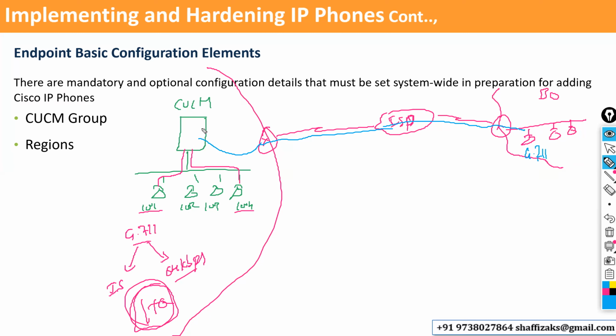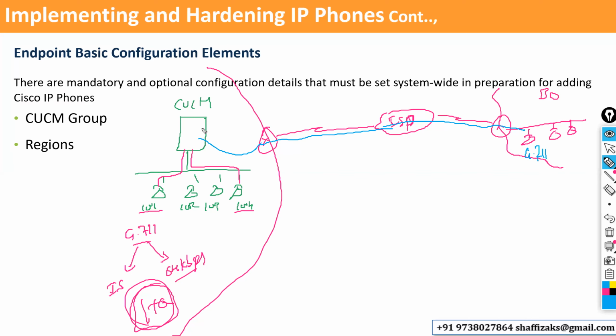So the CUCM thinks, this also registered under me, this also registered under me. So I have to give the same codec here. Physically it's placed in different places, but logically it's registered under one CUCM. So that's the reason, even if it is in a branch office, it will be providing the same codec here.